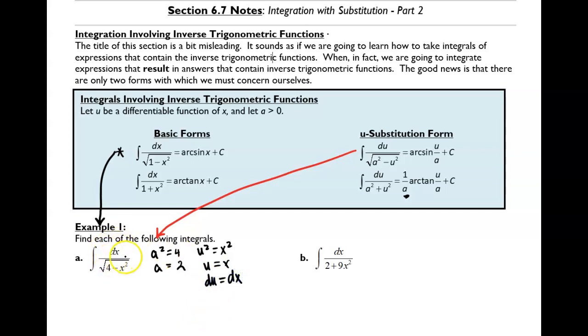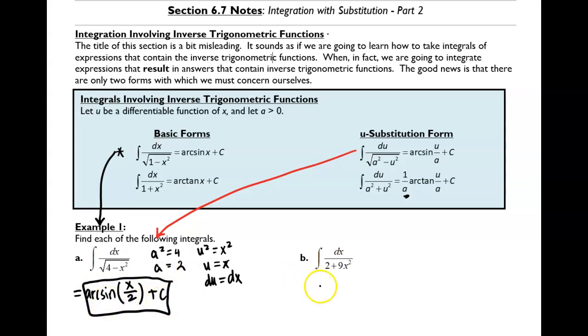I see that here in my integral, so I'm good to go. If this is just an x, I don't have to worry about the normal U substitution technique. I just use this U substitution form. And so I can go ahead and say that this is going to be arc sine of u over 2, but my u is x, my a is 2, and then don't forget your plus c.